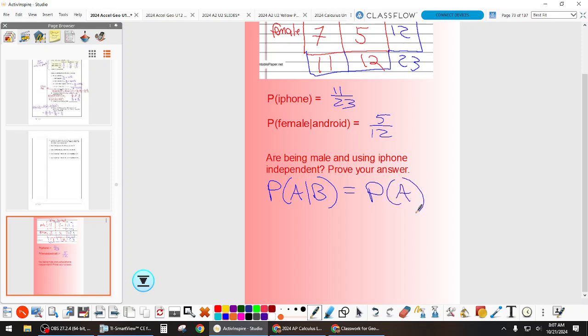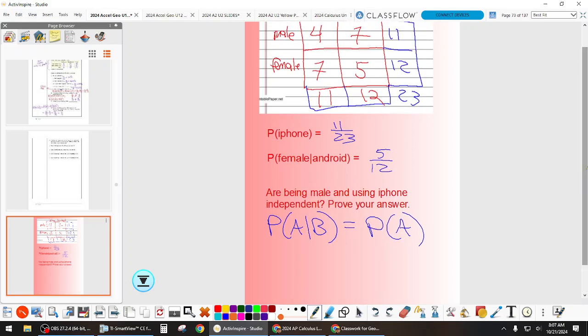So, remember to test for independence. Is the probability of A, if we already know B is true, the same as just the probability of A if we don't know if B is true? That's the concept behind it. And you could switch those and put B given A and put B in the second. Either one. So, decide which one is A and B. Doesn't actually matter.